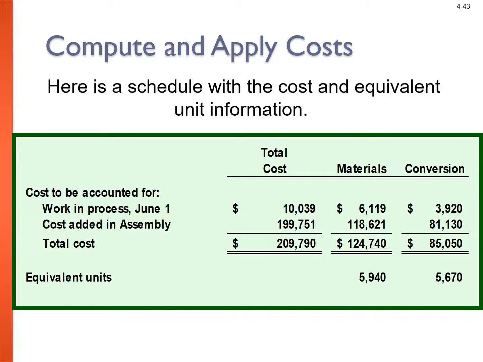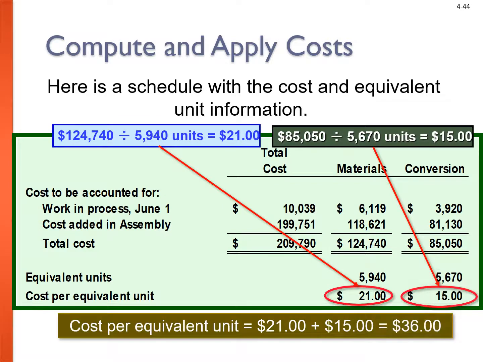We already determined the equivalent units for the material and the conversion based on the number of units that were transferred out and the number of units that were started times the percentage they were completed. So what we do now is divide the total material cost from the part that started with the beginning of the period plus all the additional cost added in, divided by the equivalent units determined for that month.